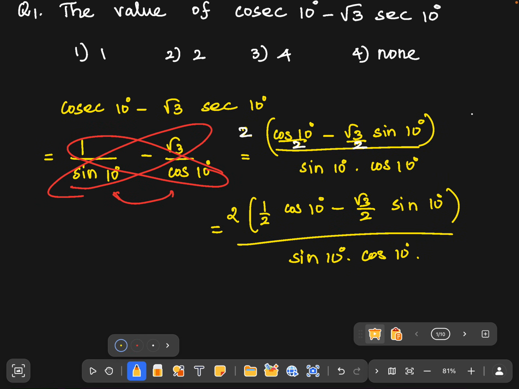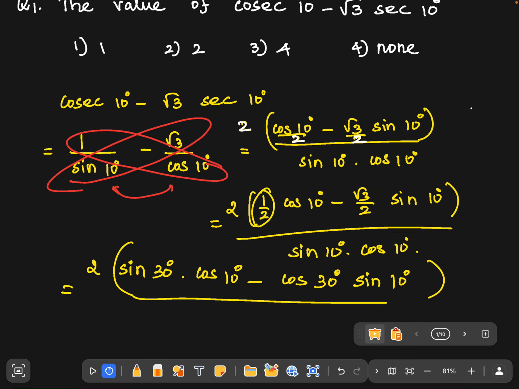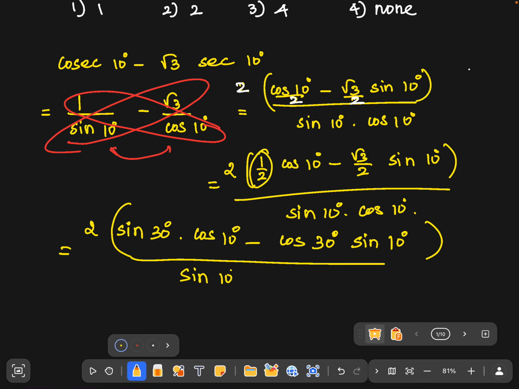Next, 1 by 2 we can write as sin 30 degree, into cos 10 degree, minus root 3 by 2, which we can write as cos 30 degree, into sin 10 degree, divided by sin 10 degree into cos 10 degree.